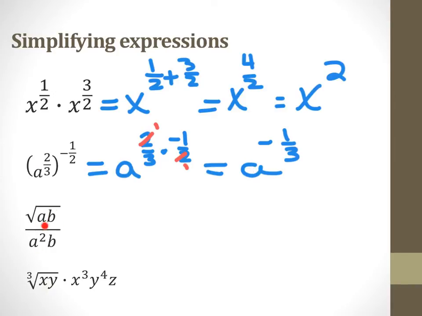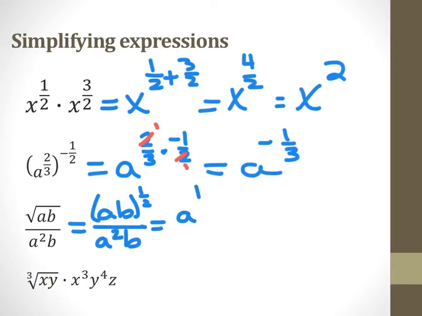Now we've got a fraction. Let's go ahead and rewrite that numerator. You get ab to the 1/2. That comes from the previous work we just did. Let's go ahead and, power rule, multiply that exponent into each of those bases inside in the numerator. So you get a to the 1/2, b to the 1/2, over a squared b. Now you can use your exponent rules that say we can divide out.